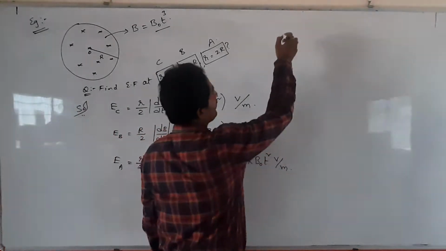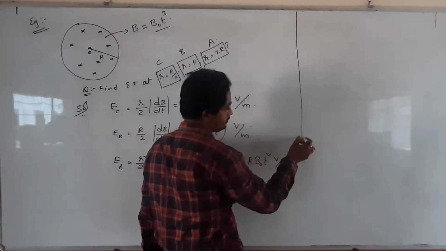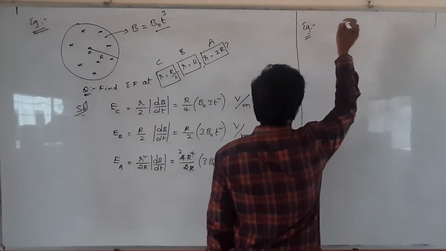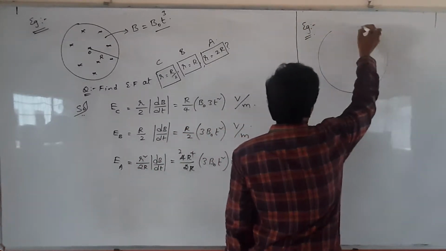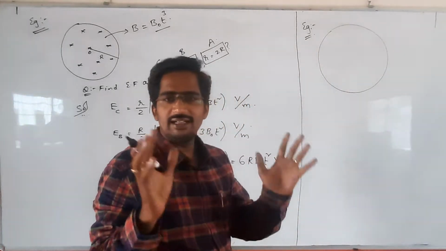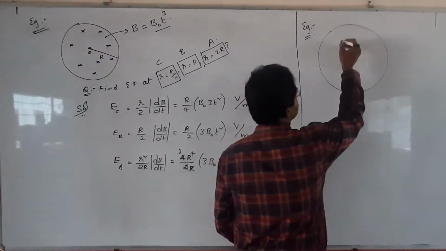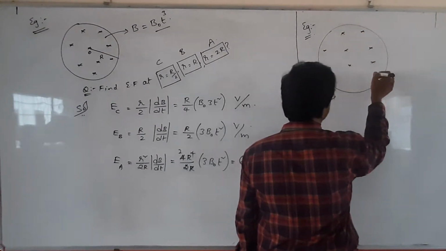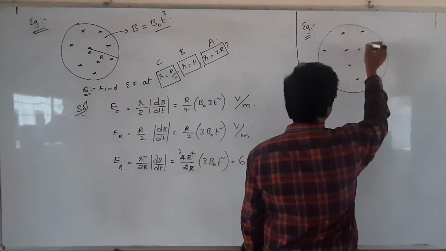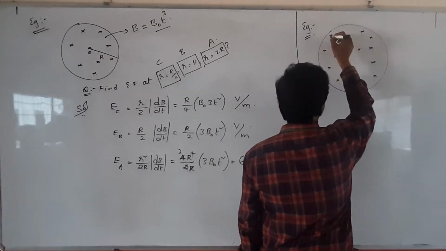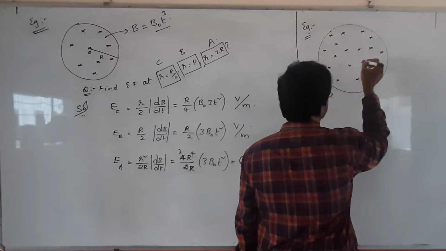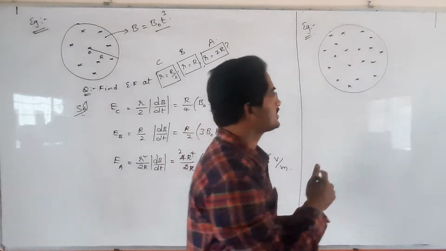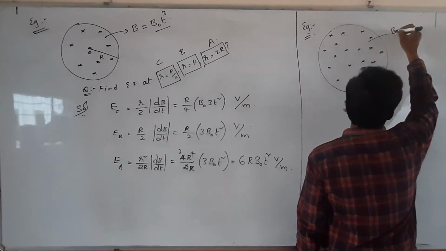Next problem. There is a varying magnetic field in a circular region. That induction is B equal to B naught t.